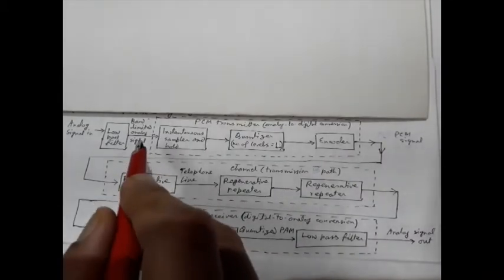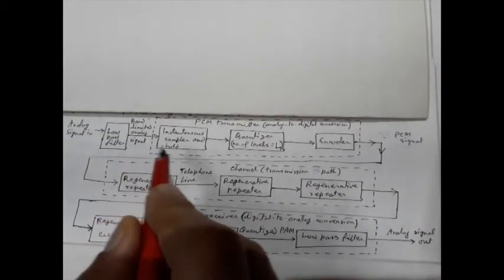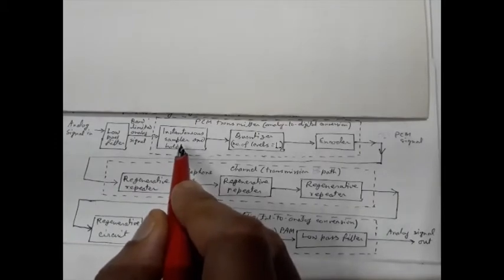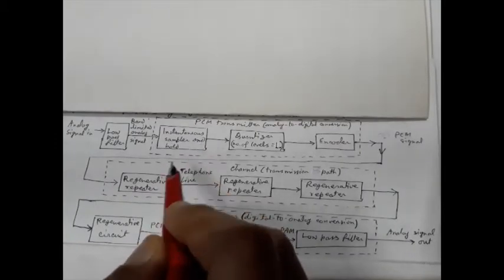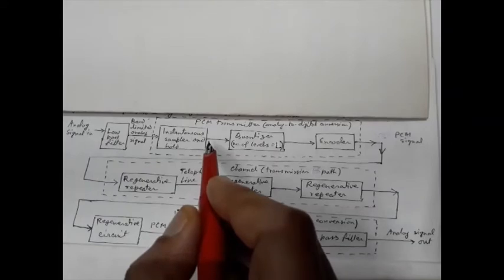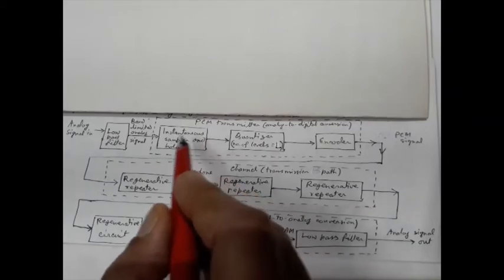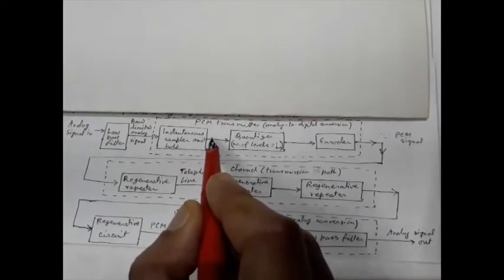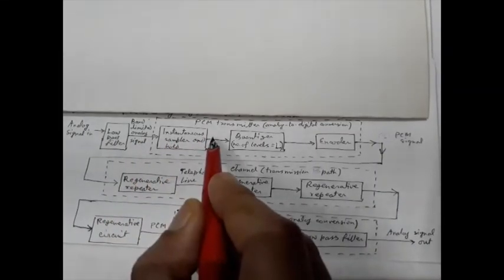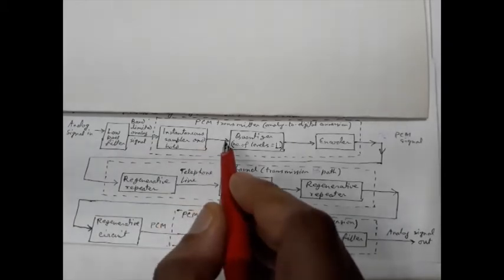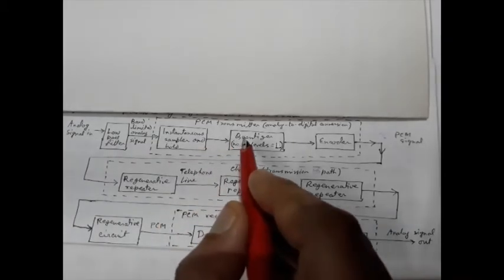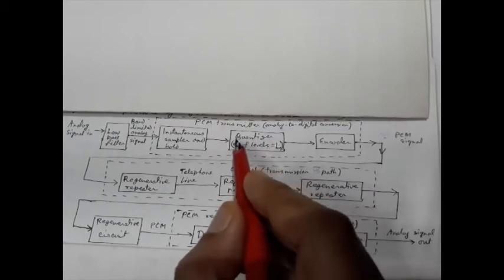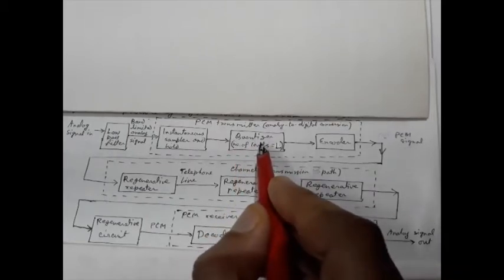So first, this band limited analog signal is transferred to the sampler. Sampler will produce the samples of this analog signal. That means it will discretize this signal. So here we have continuous analog signal, here we have the discrete analog signal. These discrete signals are now digitized with the help of quantizer.